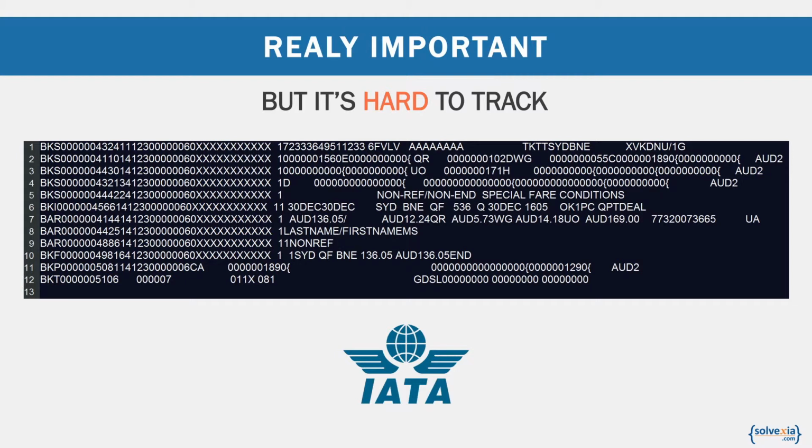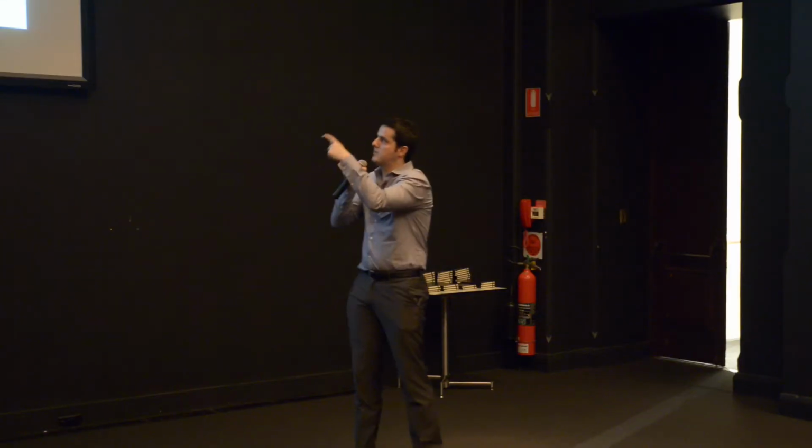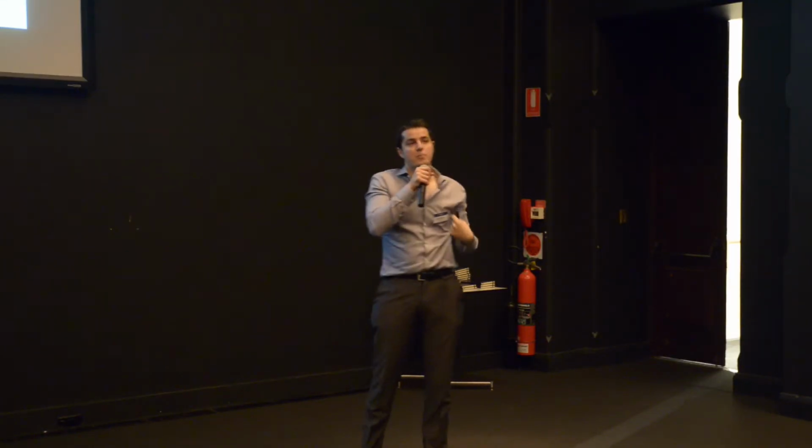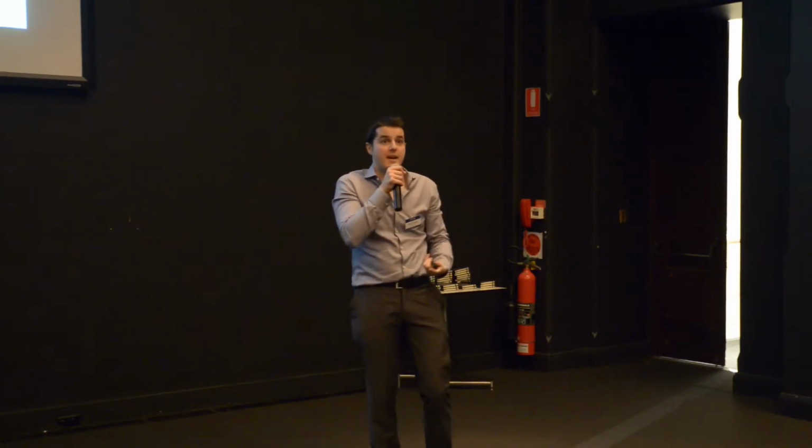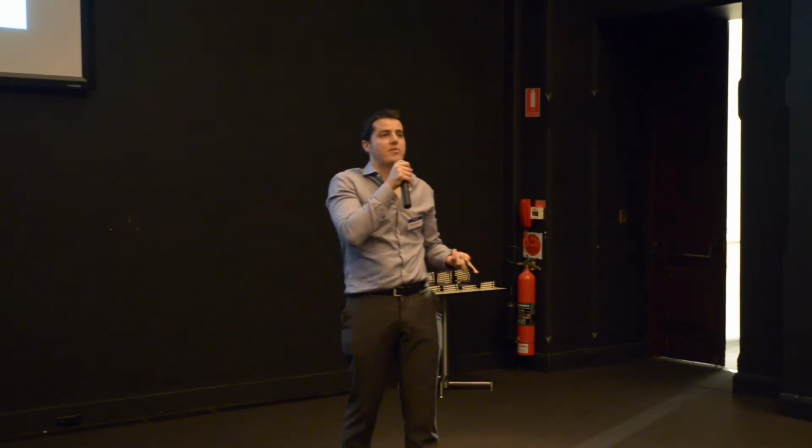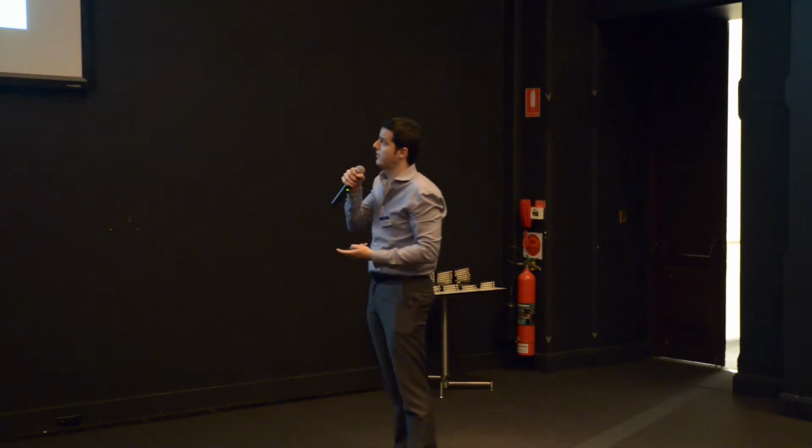And somewhere in there are things like the name of the person who flew, the cost of the ticket, what city they took off from, where they landed, which airlines flew them for each leg of the journey. So you would need to be able to take that information and extract those pieces out in order to understand how much you've actually done in terms of sales. So it's really, really difficult.